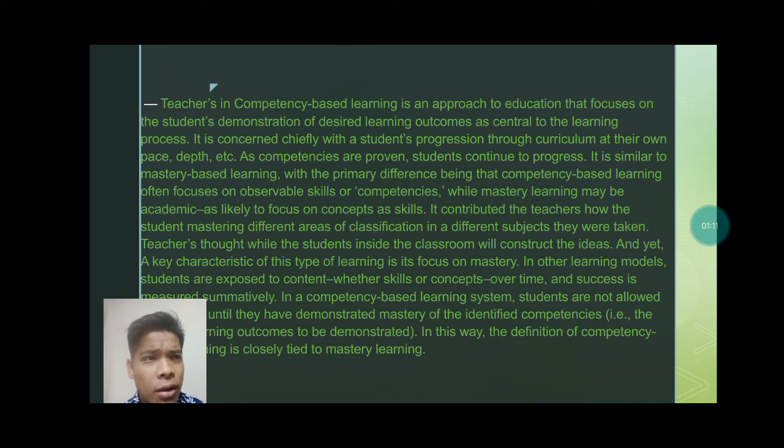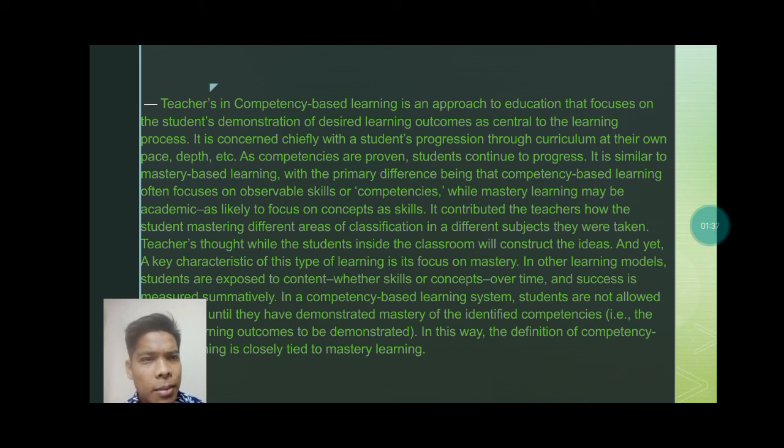It helps teachers see how students are mastering different areas of classification in the different subjects they are taking. So the teacher teaches while the students inside the classroom construct the ideas, and a key characteristic of this type of learning is its focus on mastery.